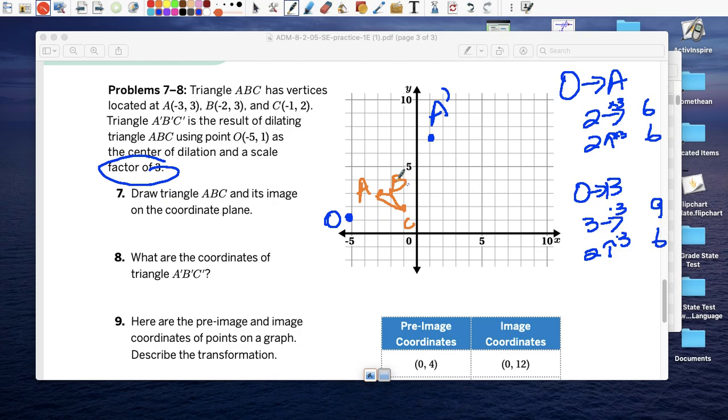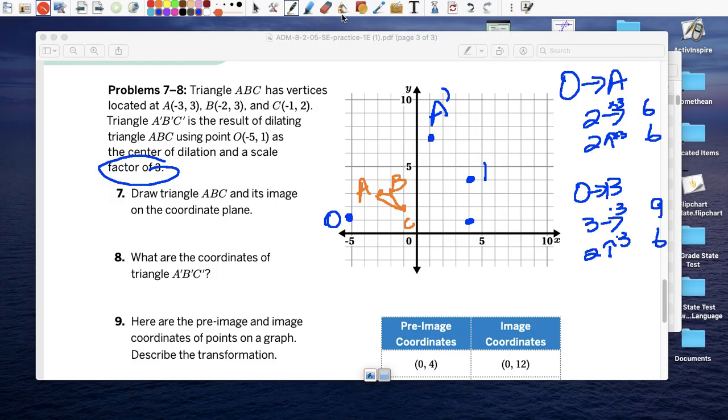So going to the right, I want to walk 9 steps. 1, 2, 3, 4, 5, 6, 7, 8, 9. So 9 to the right and 3 up. 1, 2, 3.